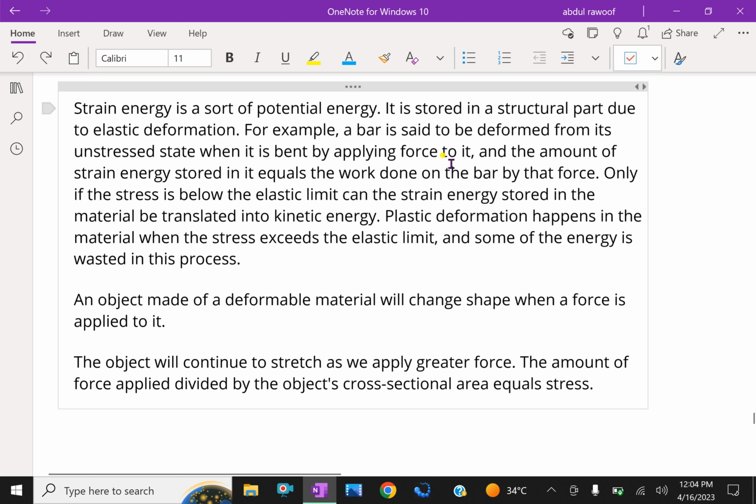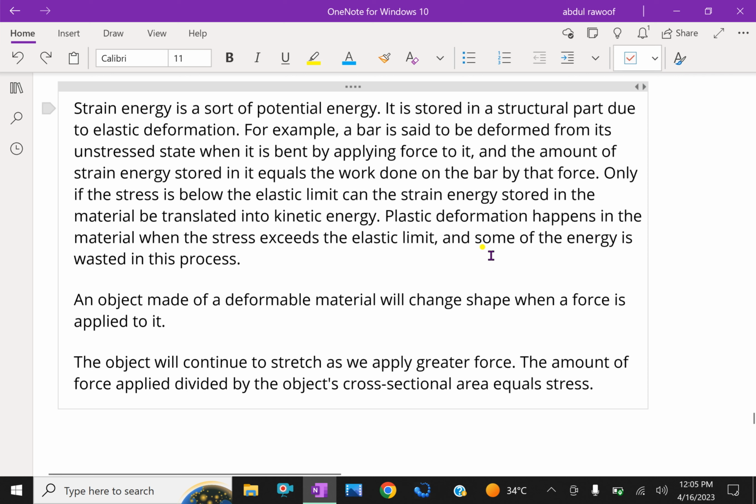For example, a bar is said to be deformed from its unstressed state when it is bent by applying force on it, and the amount of strain energy stored is equal to the work done on the bar by the force. Only if the stress is below the elastic limit can the strain energy stored in the material be translated into kinetic energy.